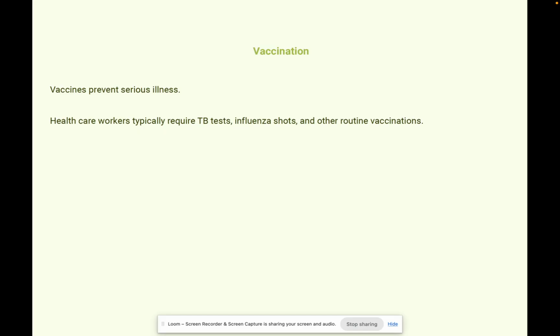Just to make sure that you are safe to go to the healthcare setting, and of course, to make sure that you are also not a carrier of anything, right? Because there might be a tendency that you will pass it on or you will get them, right? So if you don't have those vaccinations, it's always good that you have those tests first or your medical check before you start your placement.